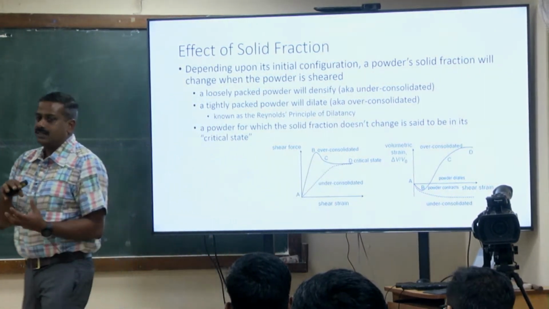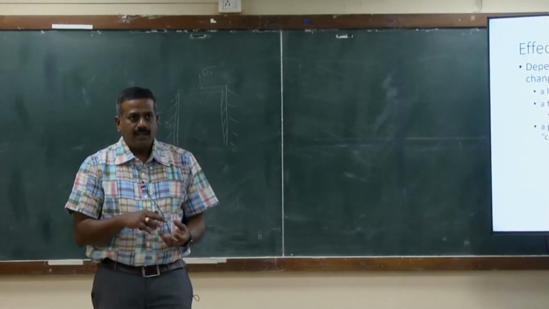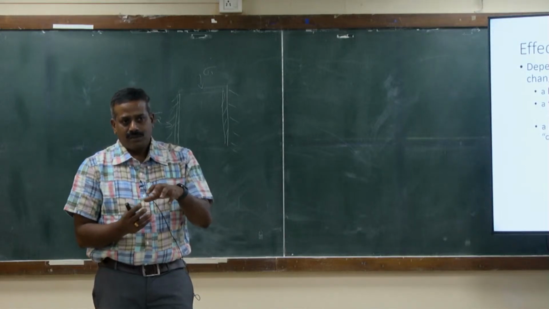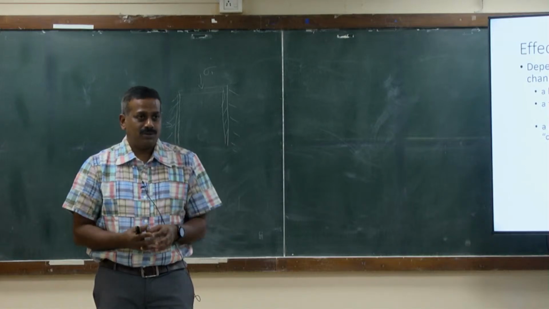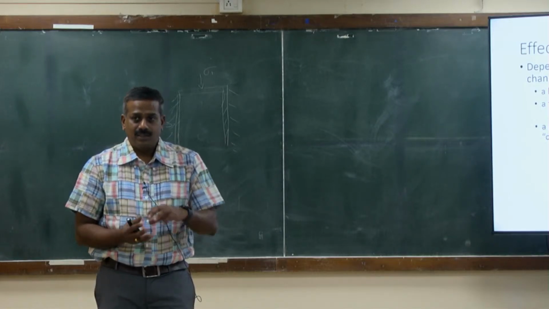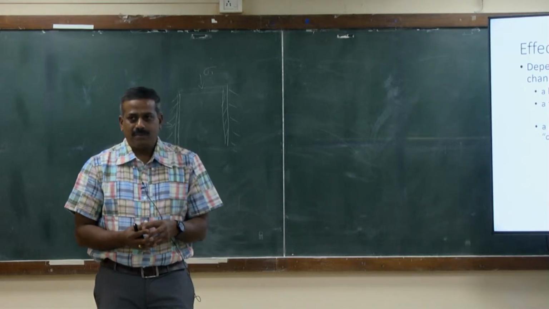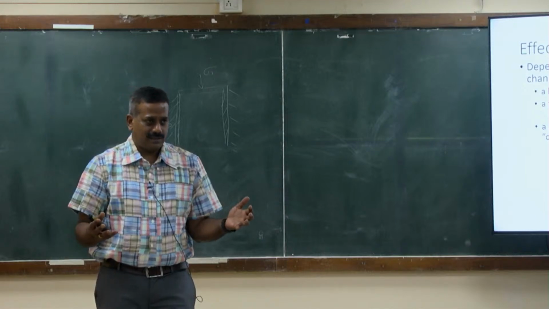That's the state at which you measure the normal and shear stresses. For example, if the powder is consolidated, it takes some time to reach that critical state, so that you are actually measuring the flow behavior rather than their consolidation or over consolidation.